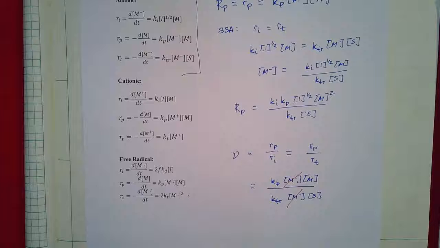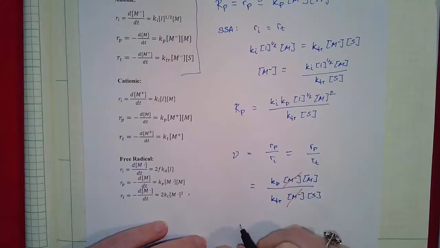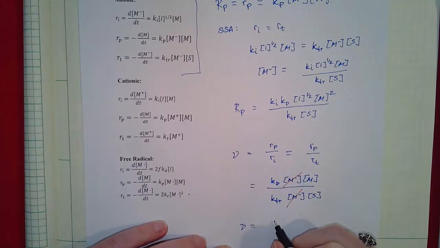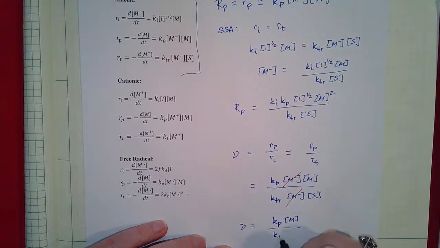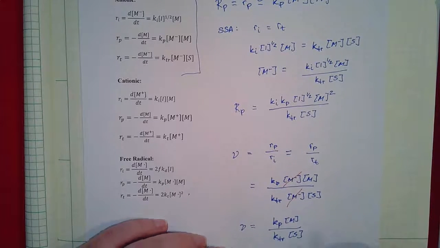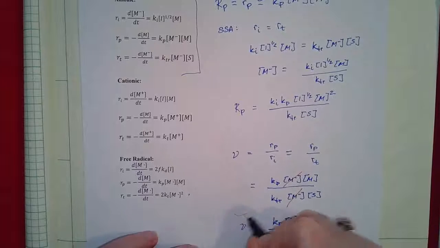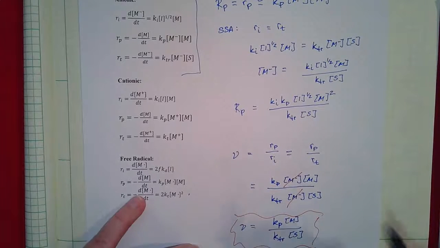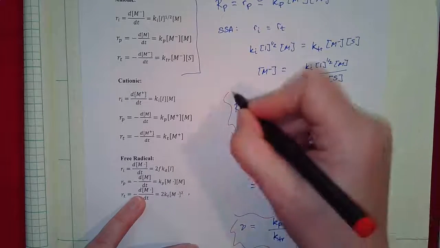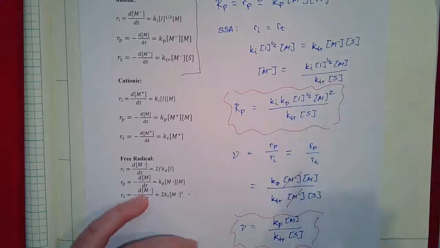That cancels. So now I have my kinetic chain length: Kp times the monomer concentration over KTR times the solvent concentration. So there we go. There's the kinetic chain length, and there's our rate of polymerization.